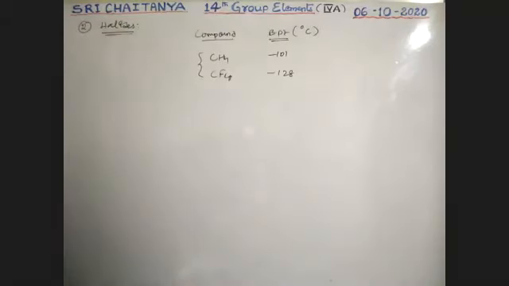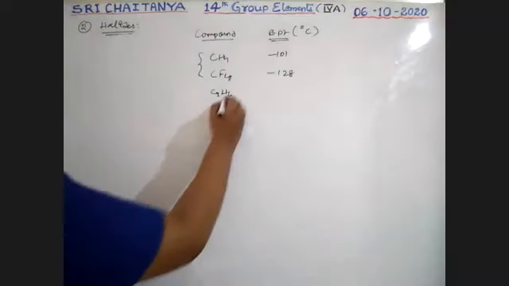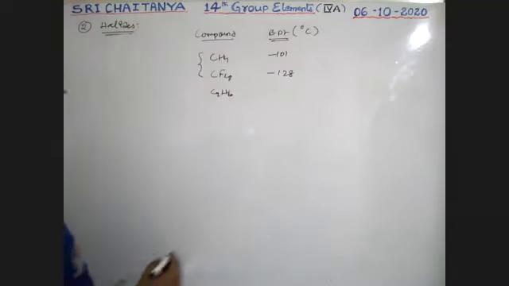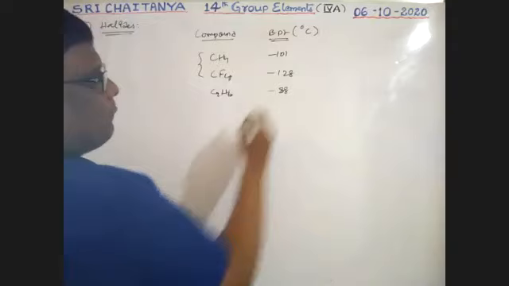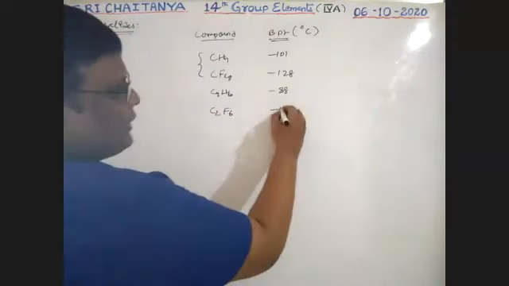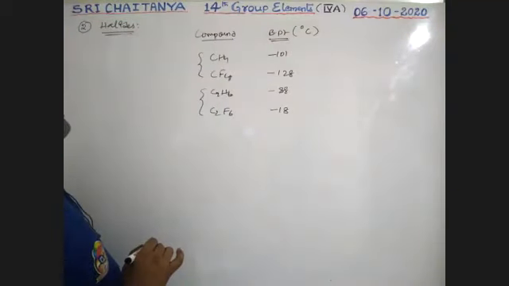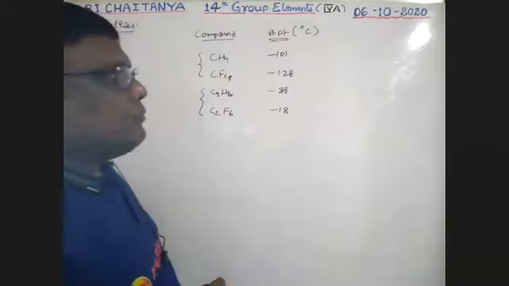Next, let us observe other cases. C2H6, its boiling point is minus 88. Next, C2F6, its boiling point is minus 80. This is the comparison. Whose boiling point is high?